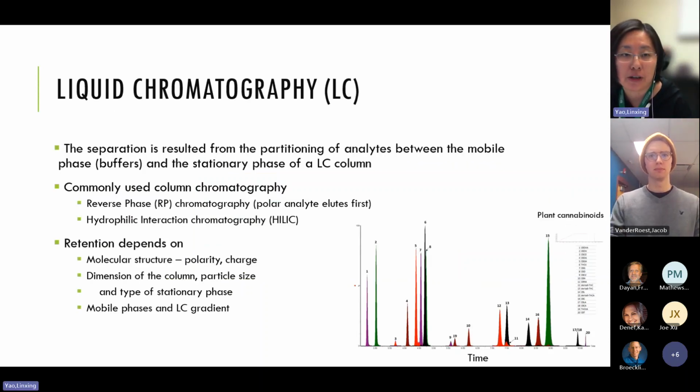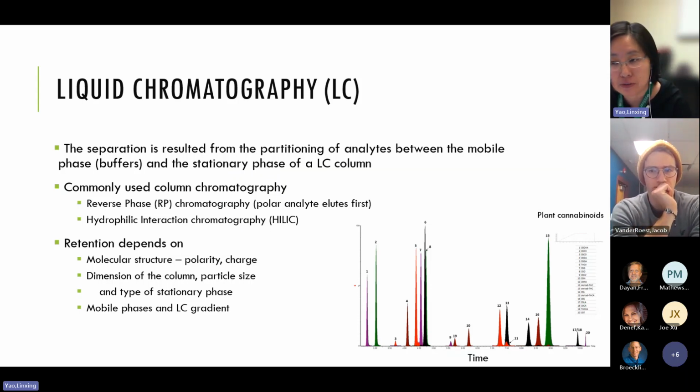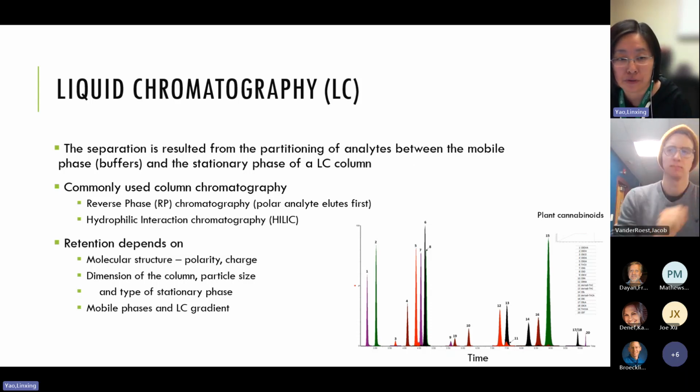LC stands for liquid chromatography. Its separation results from the partitioning of analytes between the mobile phase and the stationary phase of an LC column. Commonly used column chromatography includes reverse phase chromatography and hydrophilic interaction chromatography, as we call HILIC. In a reverse phase column, polar analytes elute first, and non-polar analytes will have stronger retention on the column.